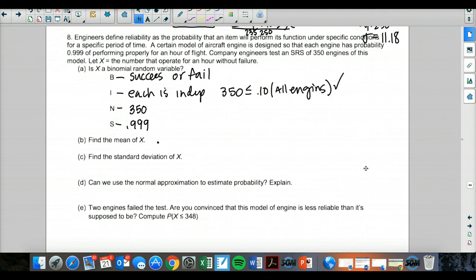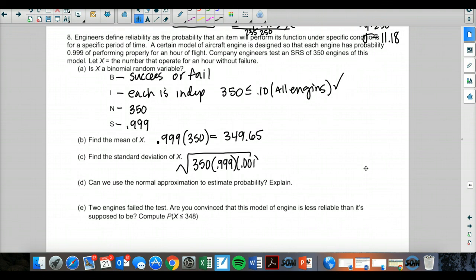The mean is 0.999 times 350, which is 349.65. Find the standard deviation. Well, it's the square root of 350 times 0.999 times 0.001.